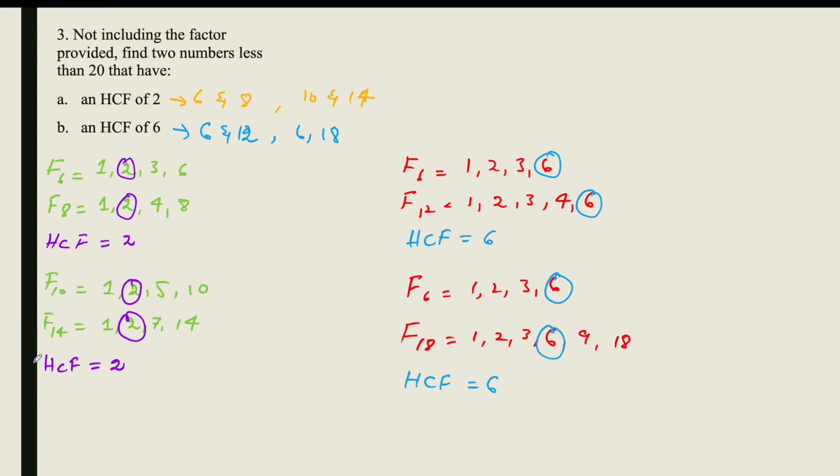The HCF of 2. When two numbers have a given HCF, it means that number is the biggest common factor they share. So instead of randomly picking numbers, we should construct numbers using that HCF as a starting point.